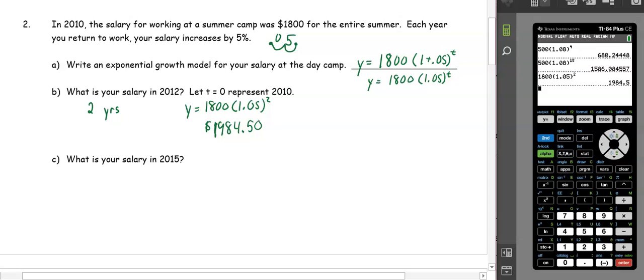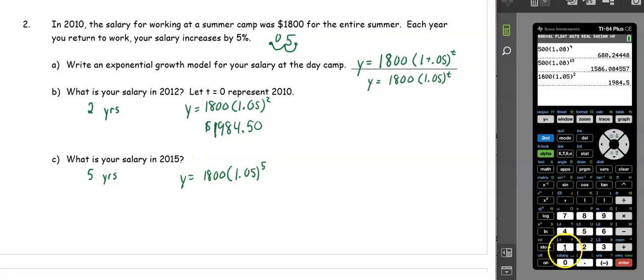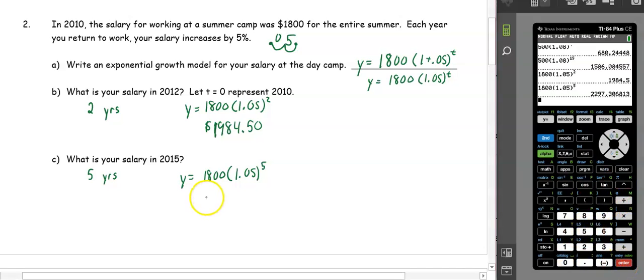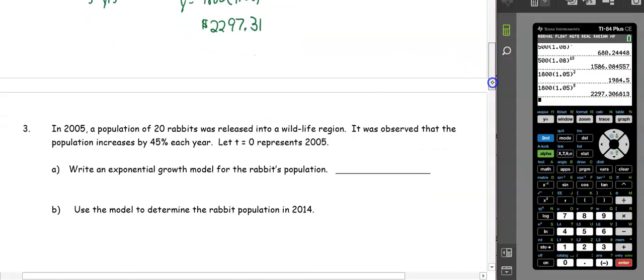What would the salary be in 2015? In 2015, that is 5 years. So we have y equals 1,800 times 1.05 to the 5th power. That would get us $2,297.31.